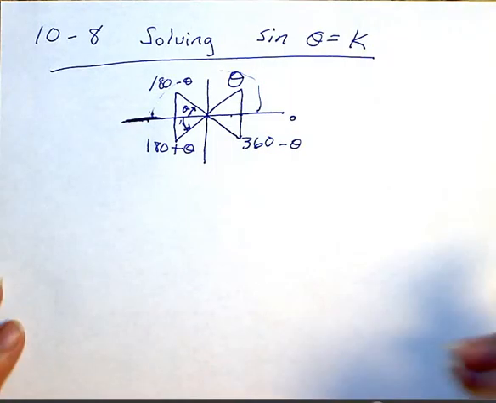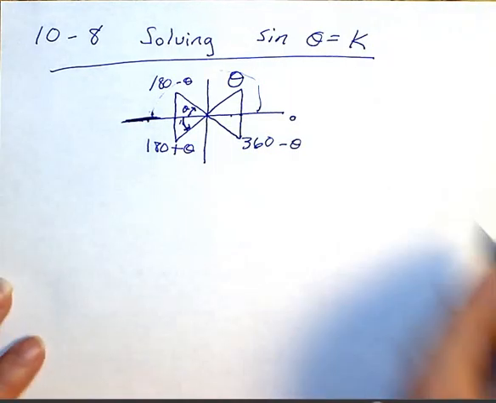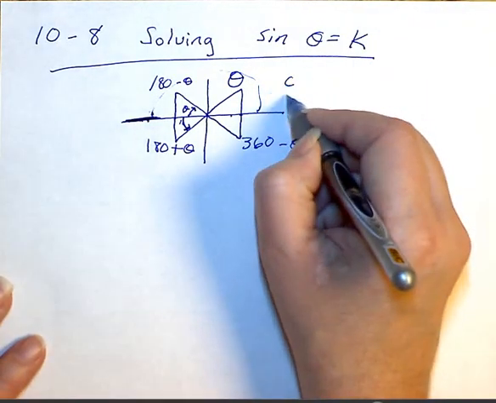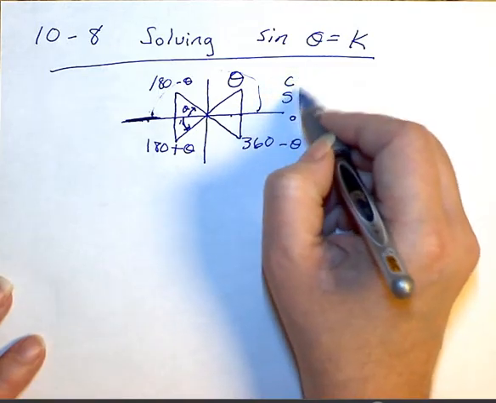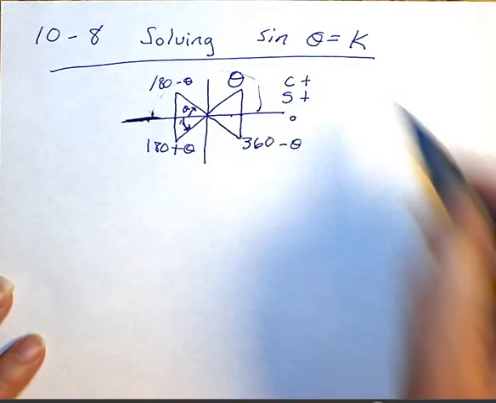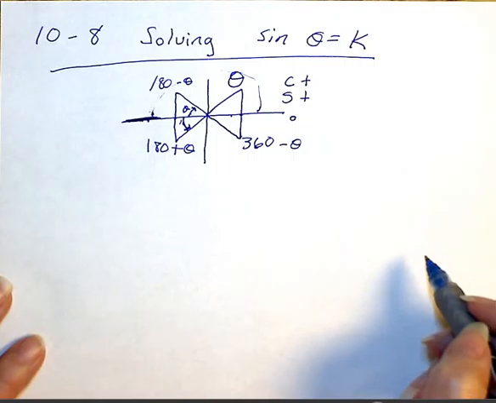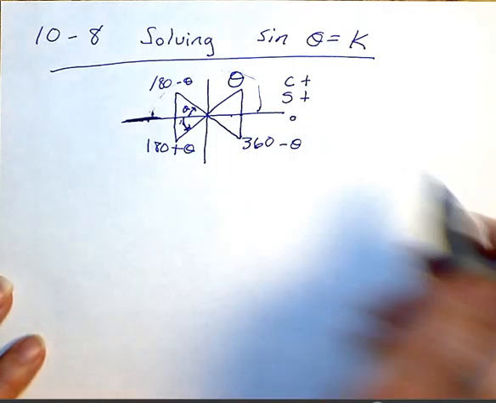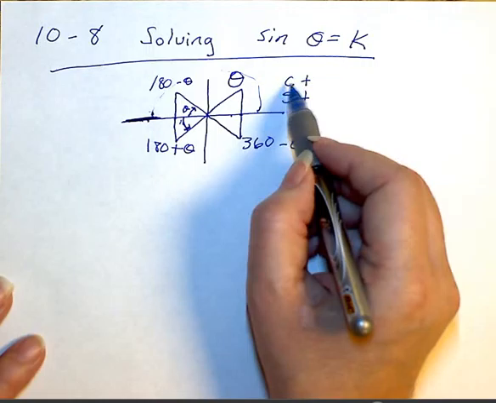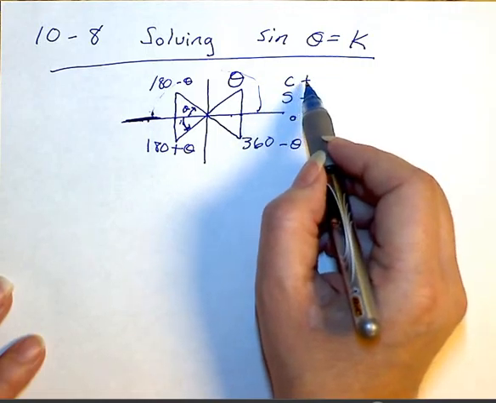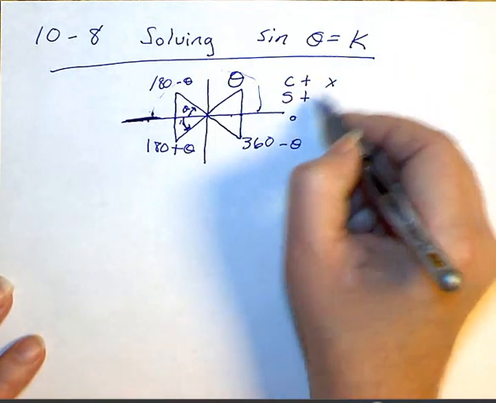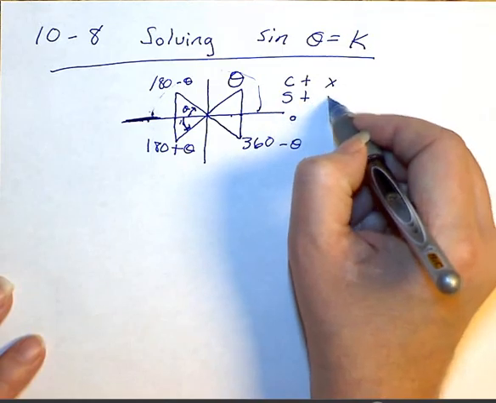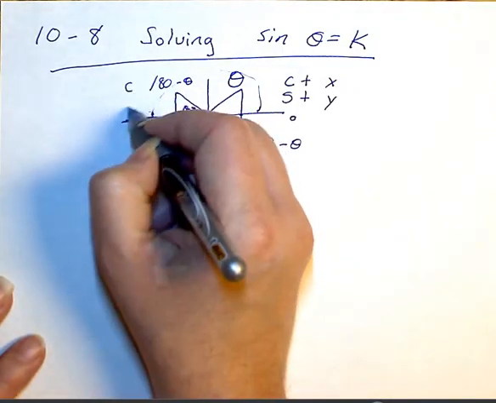The other thing you have to think about is cosine and sine. Where are cosine and sine positive in these quadrants? Cosine is my x and sine is my y.